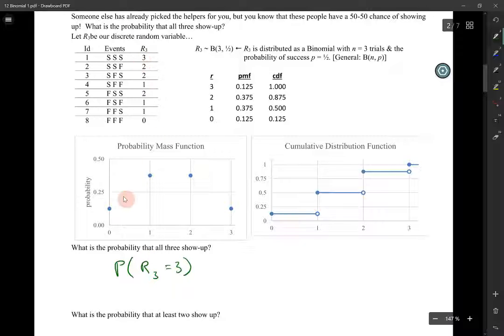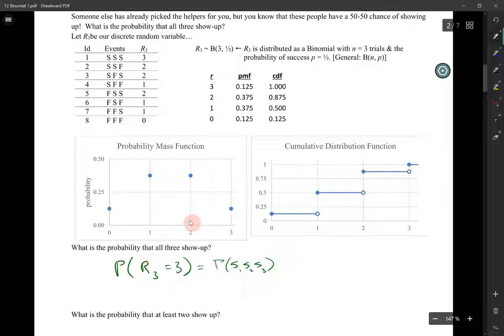And so now we go, what's the probability that all three show up? That's the case where the first one shows up, the second one shows up, and the third one shows up. So that's really the same as the probability that S1 shows up, S2 shows up, S3 shows up, but actually all of the probabilities are the same, so we can just drop the subscripts.